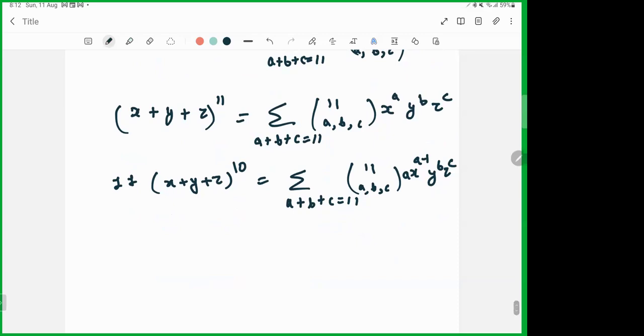Is this clear? You know differentiation, na? Yes, sir. Okay. So put x, y, z one, you get the required thing, right?